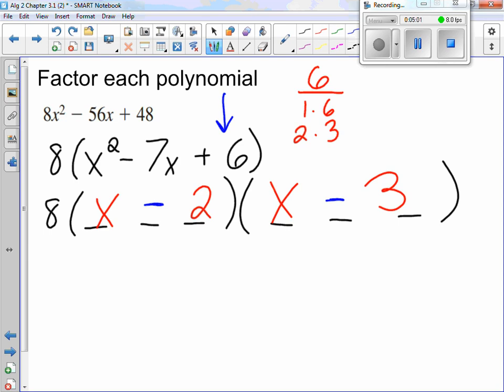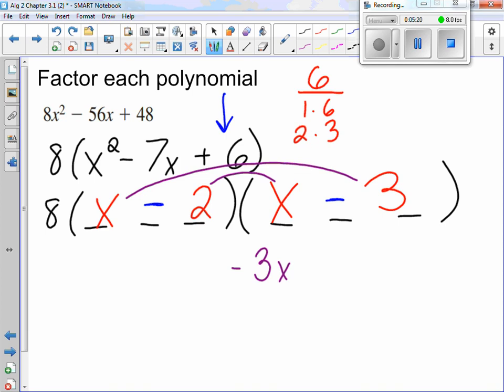So we plug those in, and now we're going to just check it. We're going to multiply the outer two and the inner two. Well, x times negative 3 is going to be what? Negative 3x.